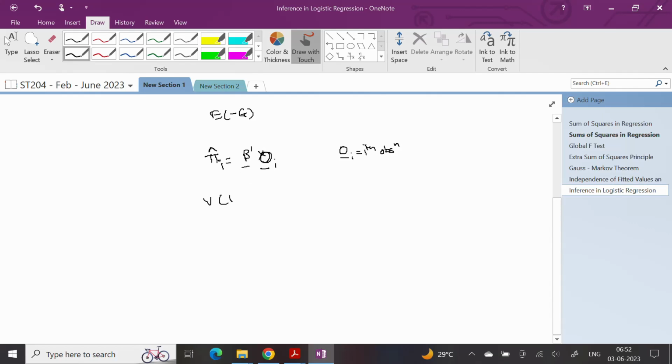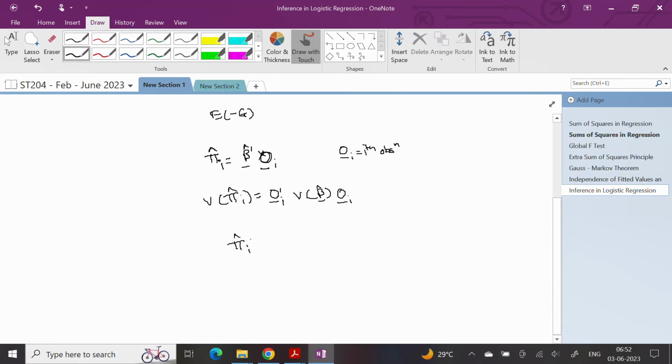So how will I get this? The variance of pi i hat I will write as x i prime variance of beta hat times x i, correct? With this variance, now I can get the confidence interval.